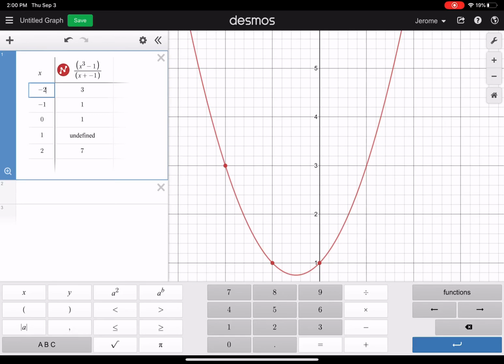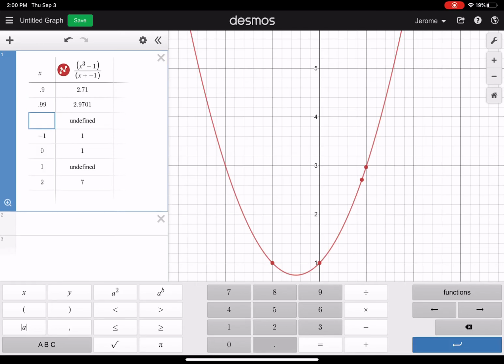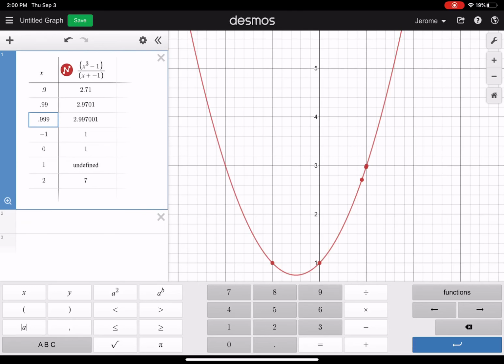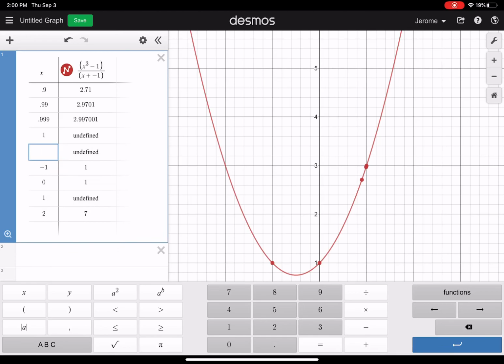So instead of that -2, that's not what I want. I want 0.9. Let's hit return. And then I want 0.99. 0.999. And here's where I want 1, and it should give me something that's undefined.